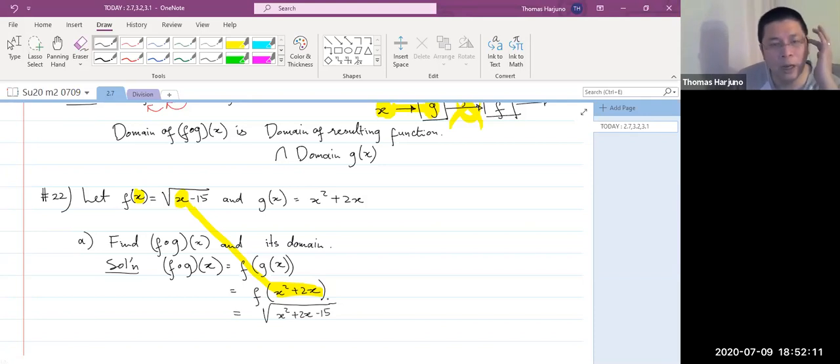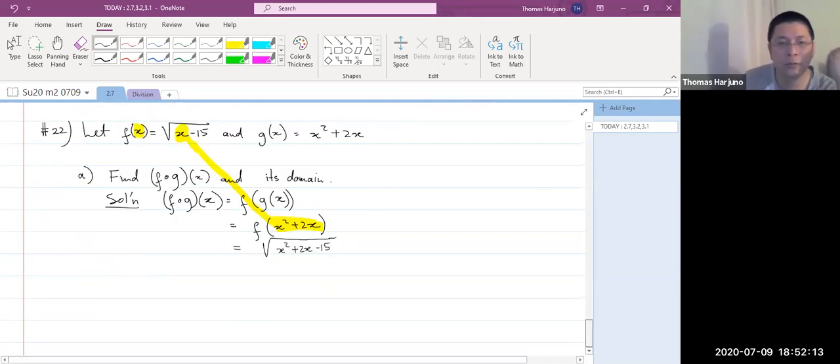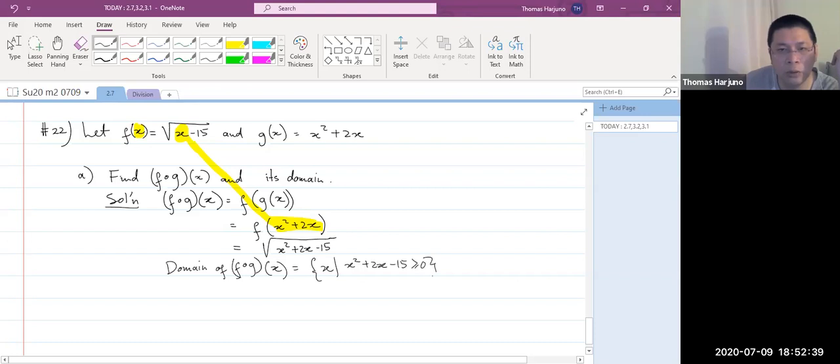Now, what is the domain of this f compose g of x? It is the domain of the resulting function, so x squared plus 2x minus 15 should be greater than or equal to 0.